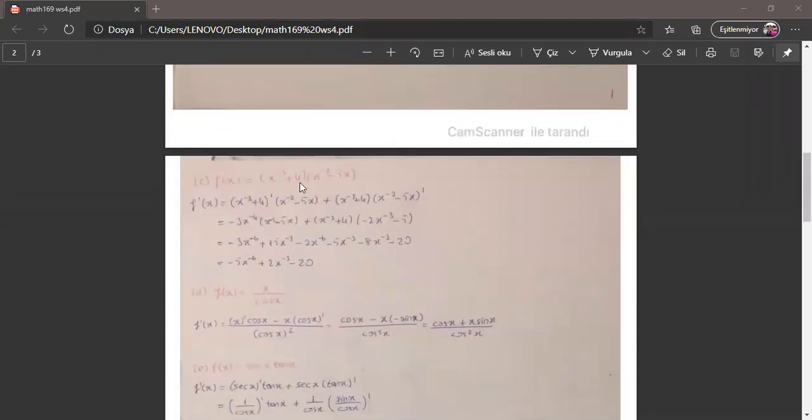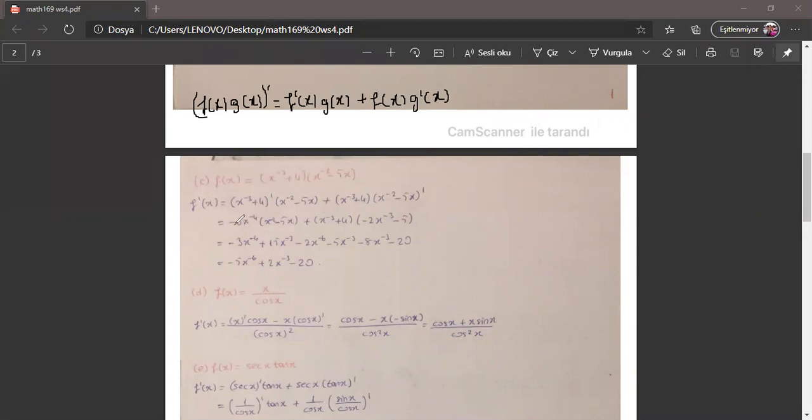Here we have a product. What's the rule? If you have this, then its derivative is equal to this. f prime of x, which denotes the derivative of f, times g of x, plus f of x times g prime of x. Okay, we just apply these rules. You know already how to take the derivative of this one.